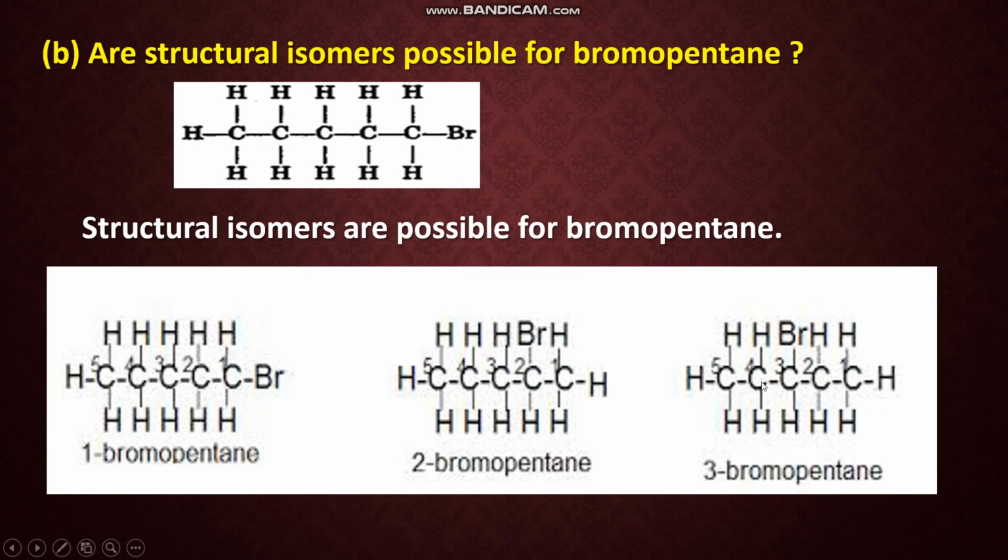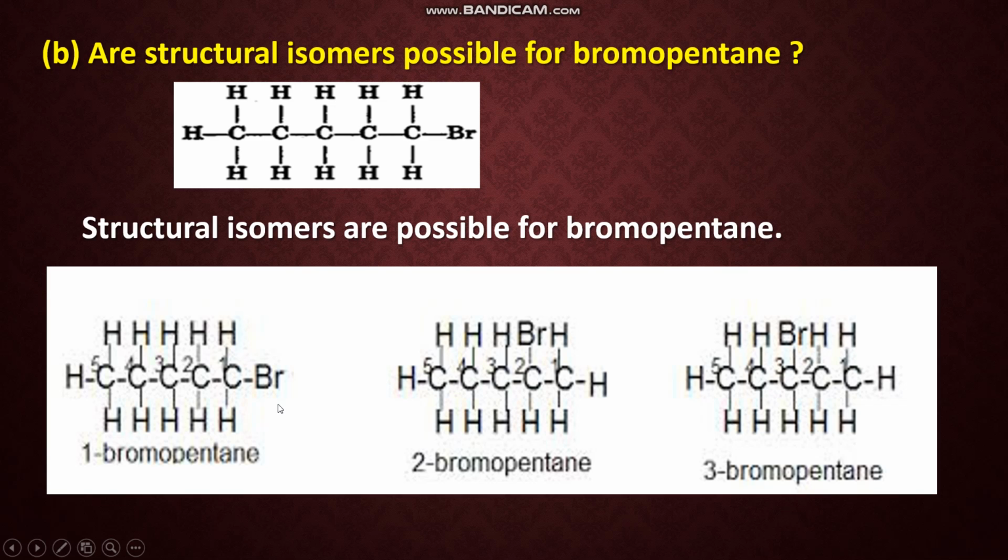So the carbon with the functional group should get the minimum number. So if you draw the bromine here, this is 2 bromopentane and this is the same. If you draw the bromine here, we start numbering from this carbon, and that is 1 bromopentane. So both are the same. So there are 3 isomers possible for bromopentane: 1 bromopentane, 2 bromopentane and 3 bromopentane.